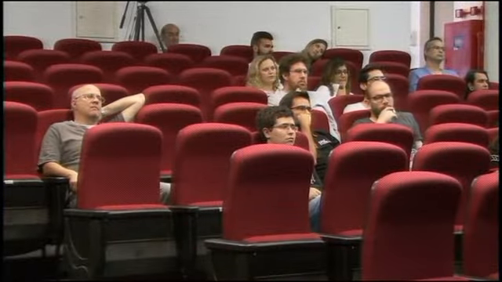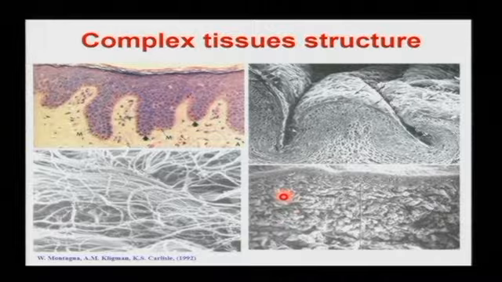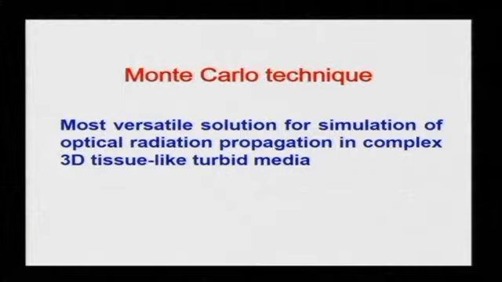For most biological tissues, it's physically impossible to create these boundary conditions. All these boundary conditions will be far from reality. And thus, at the moment, for describing how light propagates through biological tissues, the most versatile solution for simulation of optical radiation propagation in complex media like tissues is the Monte Carlo technique.